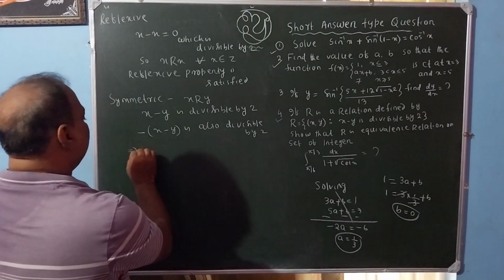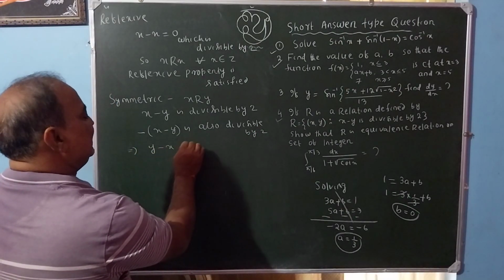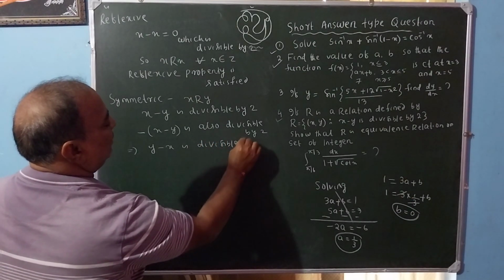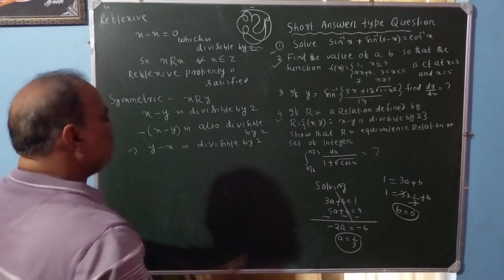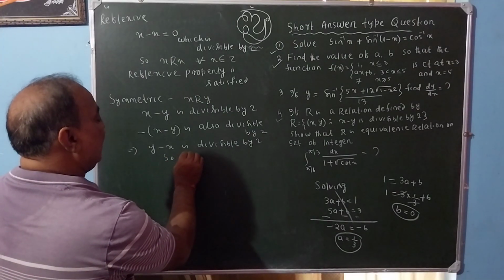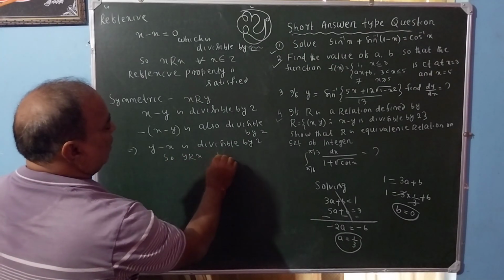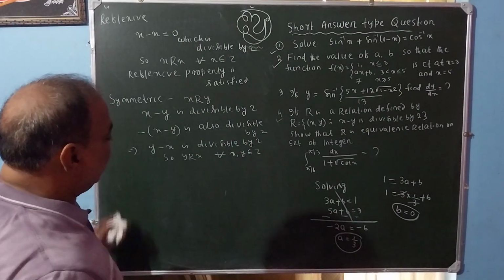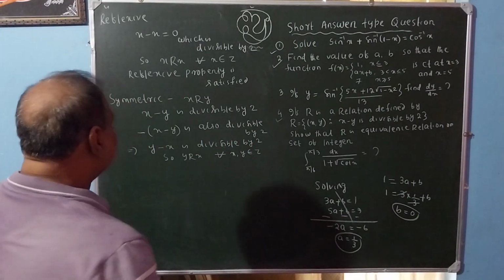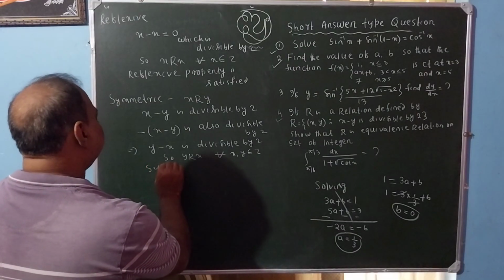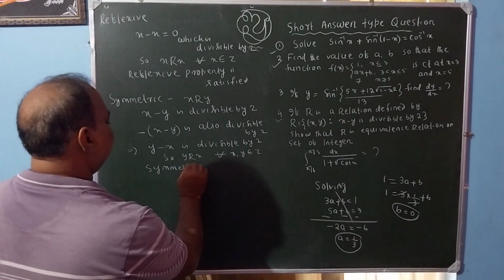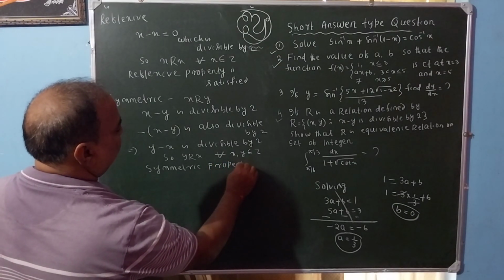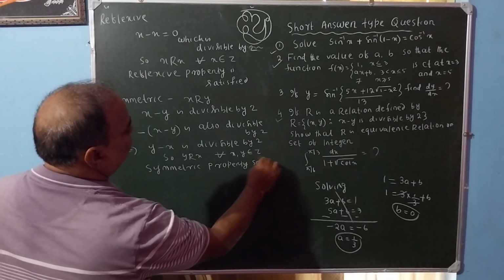That implies y minus x is divisible by 2. So y is related to x for all x, y belongs to Z. So the symmetric property is satisfied.